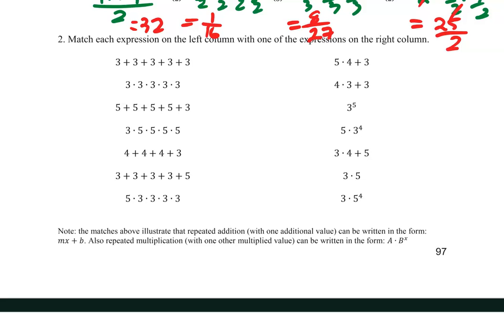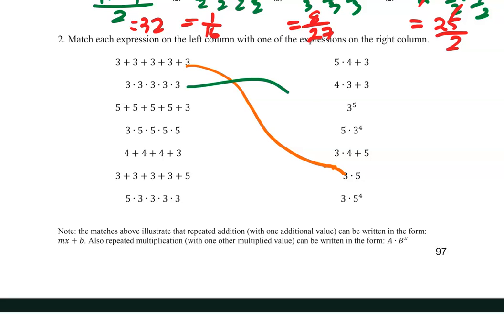Next, match each expression in the left column with one of the expressions in the right column. 3 plus 3 plus 3 plus 3 plus 3. We know that we have 5 3's here. So 5 times 3 is 15. So that is equivalent to 3 times 5. Next is 3 times 3 times 3 times 3 times 3.